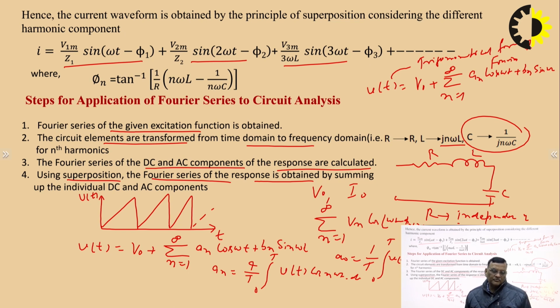These are the Fourier coefficients, and this way we can find the voltage. We can calculate the impedance depending upon the frequency, and dividing, we get the response current. So this is the way to find the steady state response for a periodic non-sinusoidal waveform using the Fourier series. So we stop here.